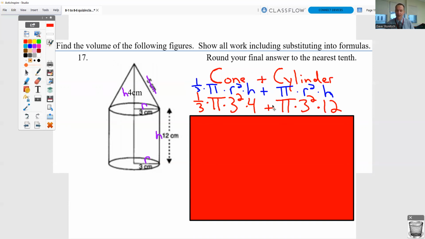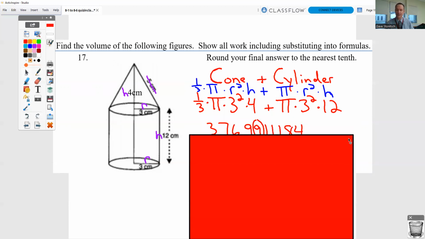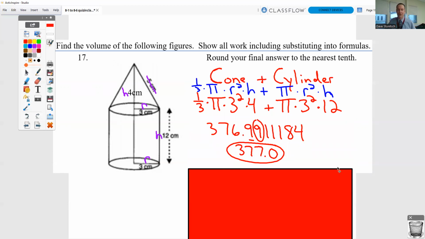Pi stays pi, don't forget your plus sign. Pi stays pi, 3 is your radius, 12 is your height. You need to type in all 7 of those things into the calculator all at once. When you do that, you should get 376.99, and so on. That would round up to be 377.